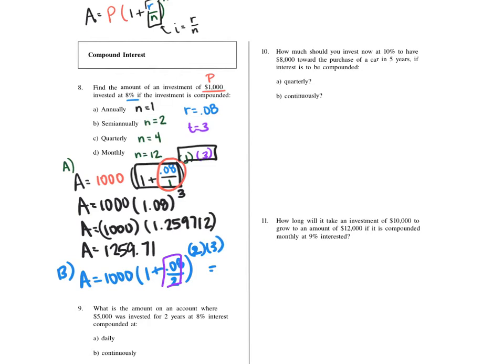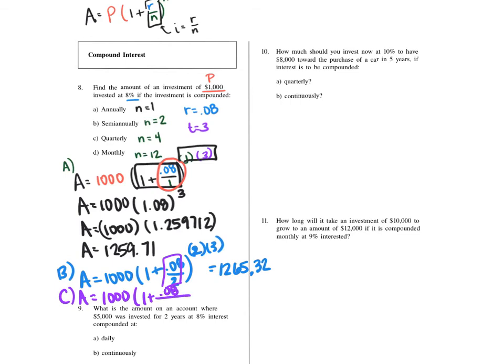I'm going to keep that answer in my calculator and multiply by 1,000. And here's my final answer: $1,265.32.